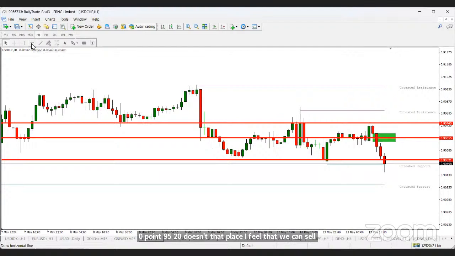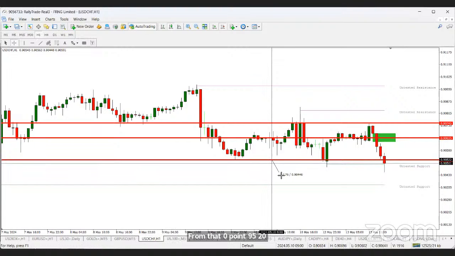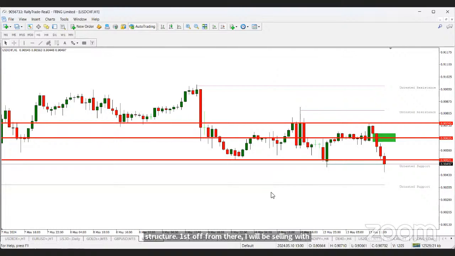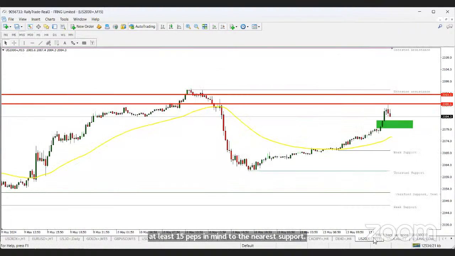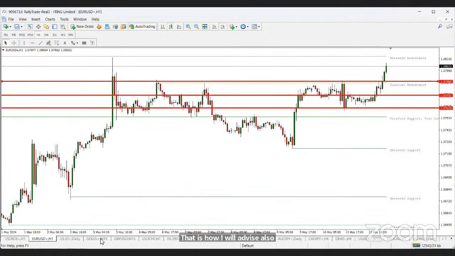Since it has broken that structure, if I sell from there, I will be selling with at least 15 pips in mind to the nearest support. You understand? Right? So that is how I advise us to trade today.